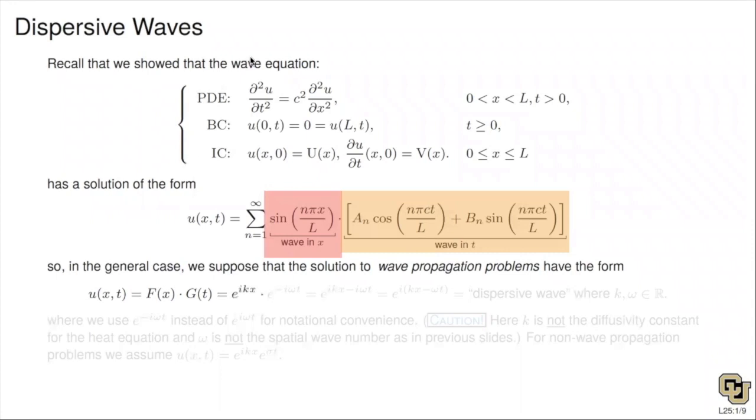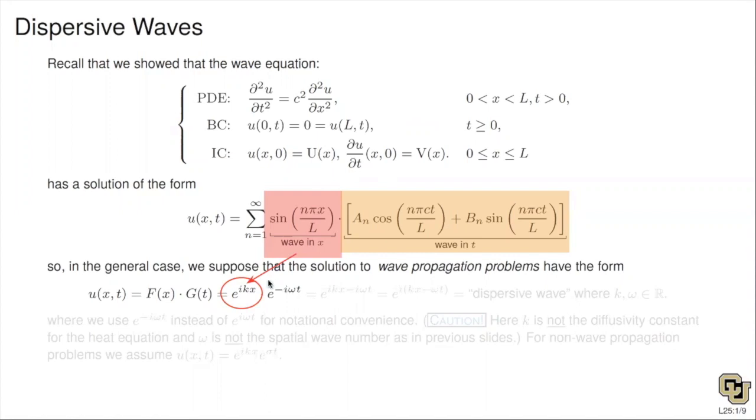So here, however, we assume that the f of x function looks like e to the ikx, where this is a generic waveform, right? We're thinking of this as cosine kx plus i sine kx. And it's completely inspired by the wave solution here. We have a wave in x. Okay, check, I got a wave in x. And the g of t, we assume, has this form.